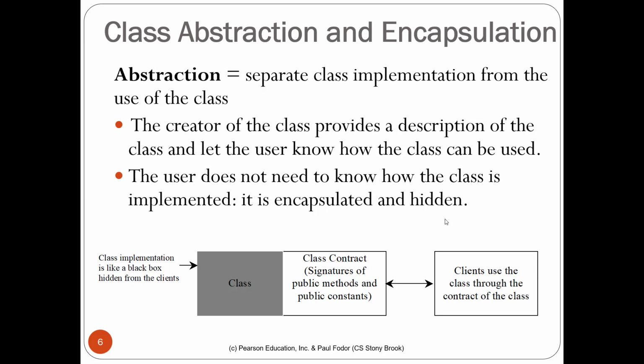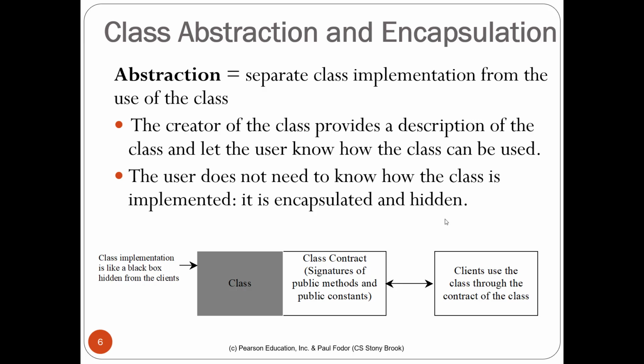We created a Random object with the help of the Random class and started using that object to generate different random numbers, random integers. You can generate random doubles and floats. You can generate random boolean values. But if I ask you how that is implemented, you may not have any clue.